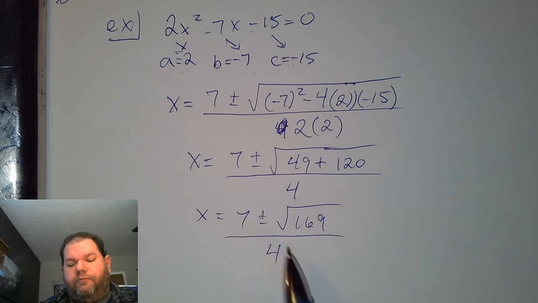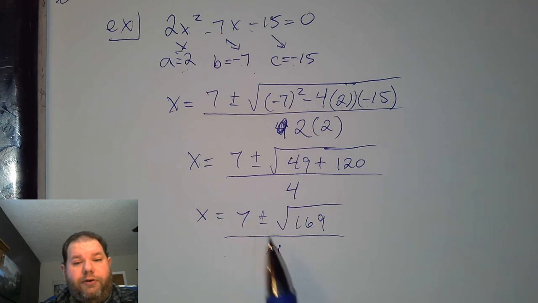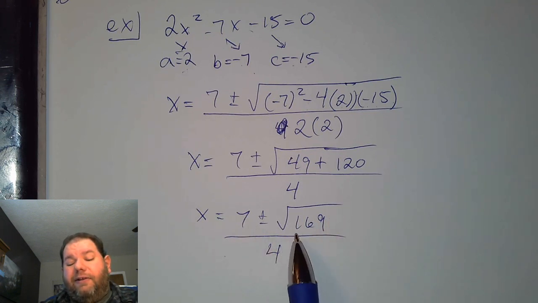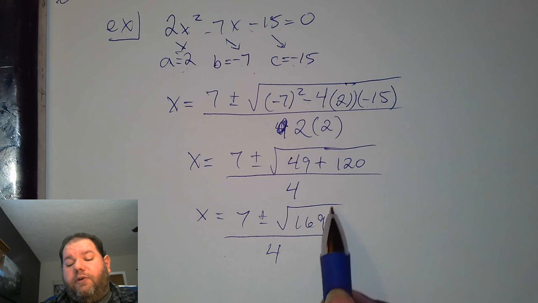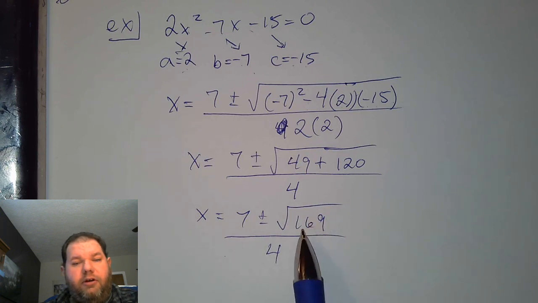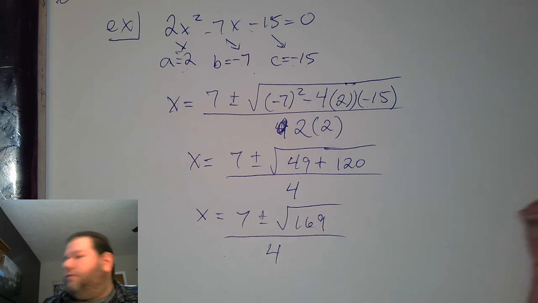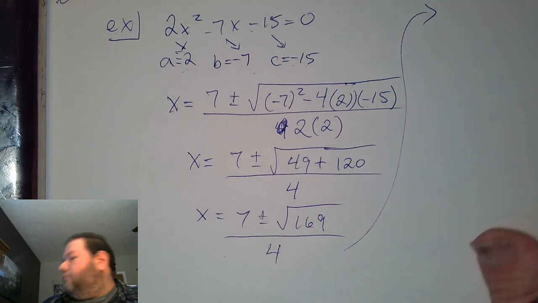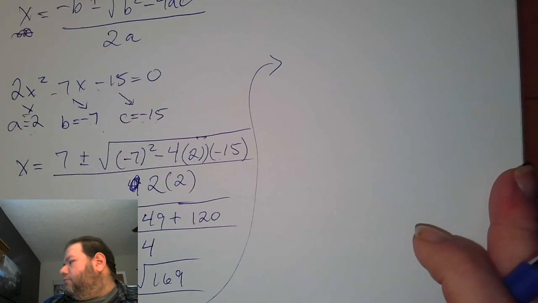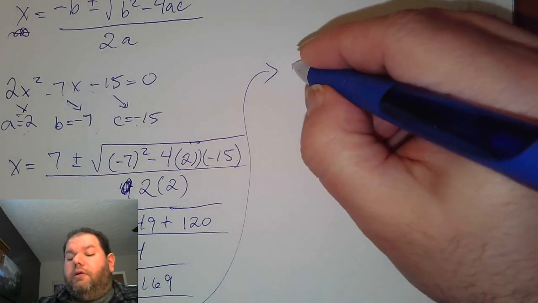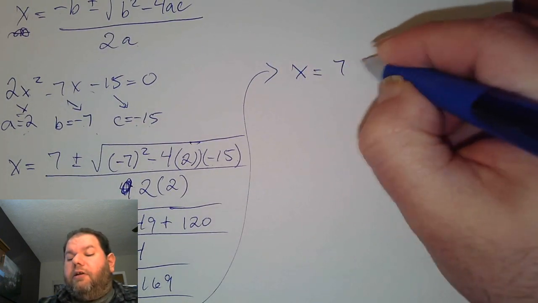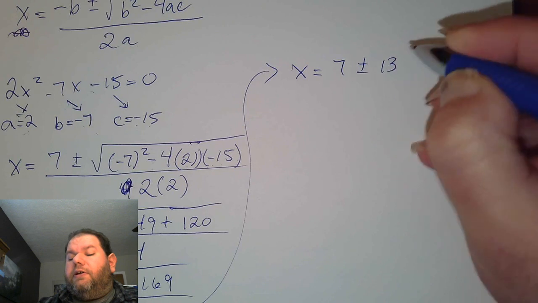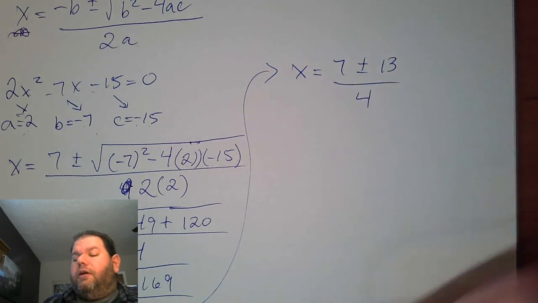Now, we know 7 and 4 are not going to reduce, but in this case, the square root of 169 comes out to be 13, so x equals 7 plus or minus 13 divided by 4.